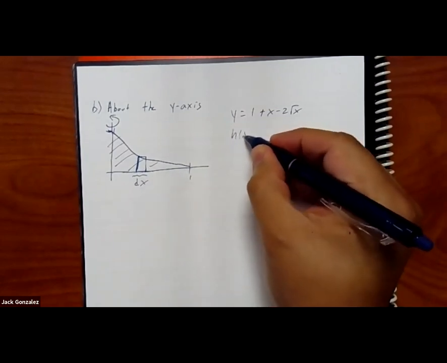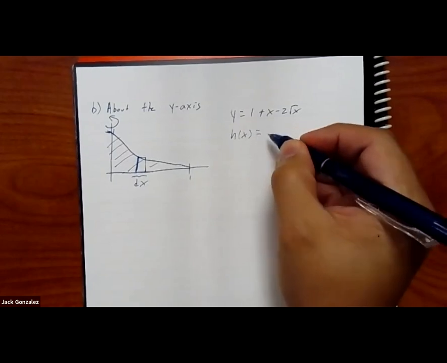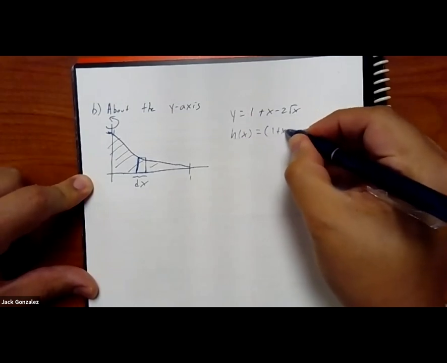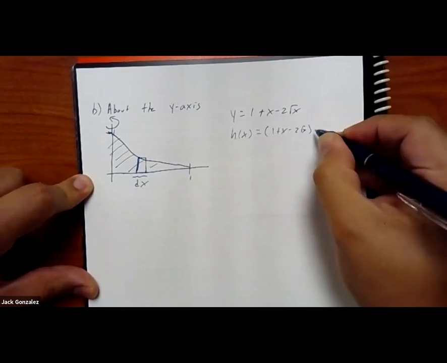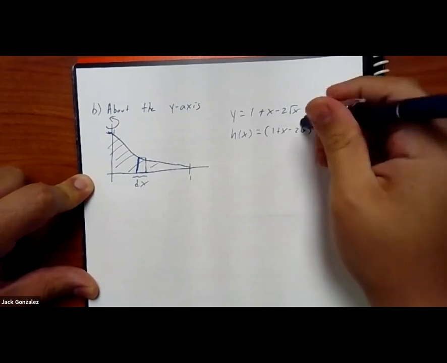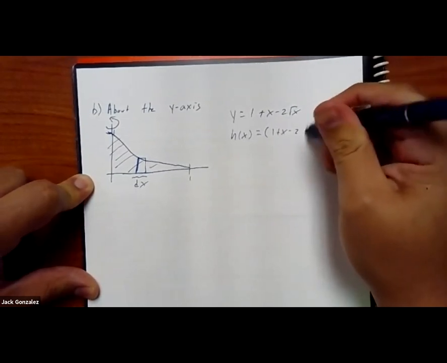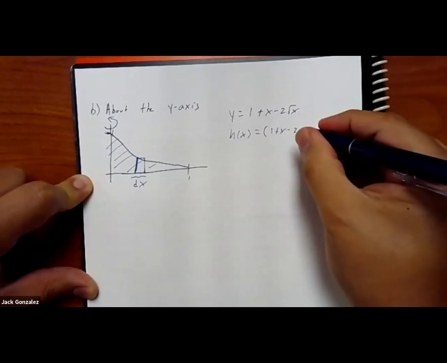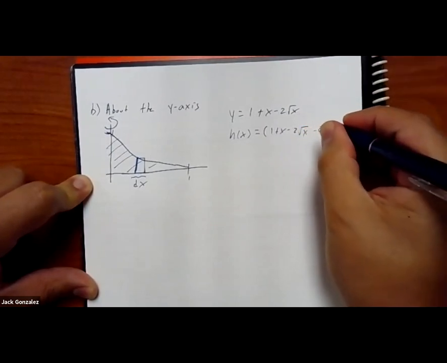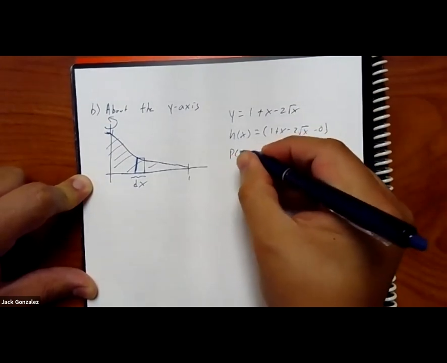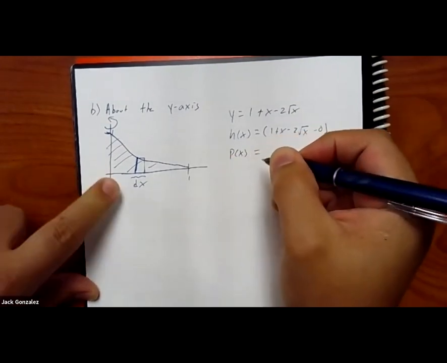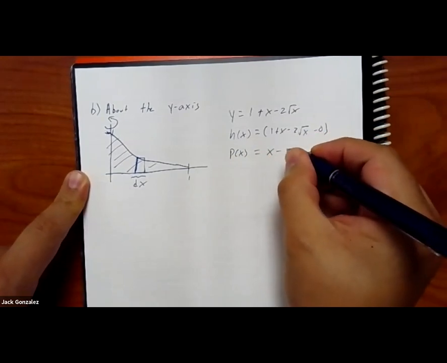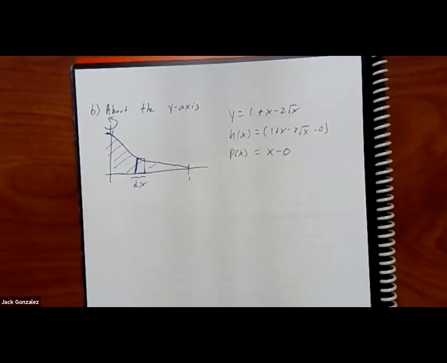The height is going to be the top minus the bottom, minus 0. The rho, if I'm on the right side of the axis, then it's going to be x minus the axis, right?